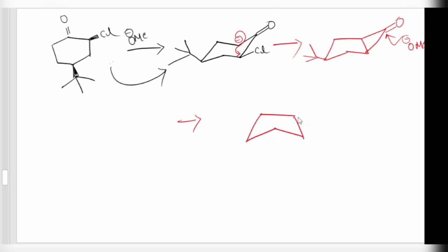This one is a 5-membered ring. Over here, I will write C double bond O, OMe. Either bond can break, because it is symmetrical in nature. Because of that, we will get a product like this. Here, hydrogen is there. This is the product.